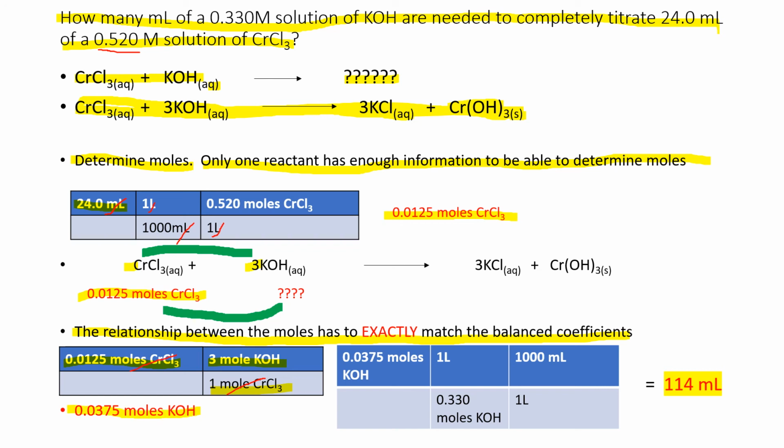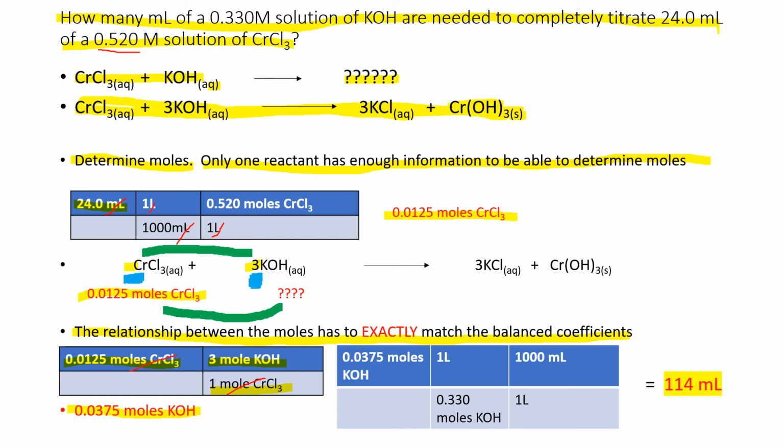That's that true titration part. So you should go back and ask yourself, does the mole relationship that we have match what the balanced coefficients are telling us? Our balanced coefficients say 3 KOH to 1 CrCl3. Do my moles reflect that same fact?